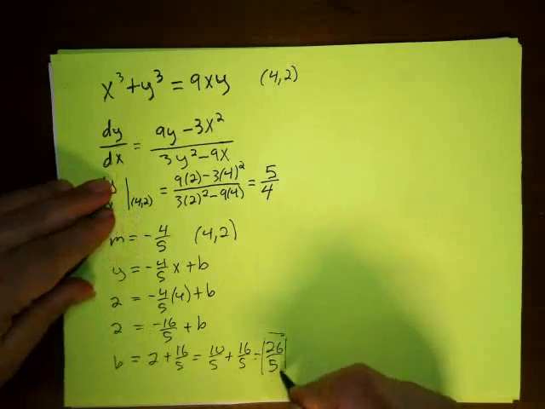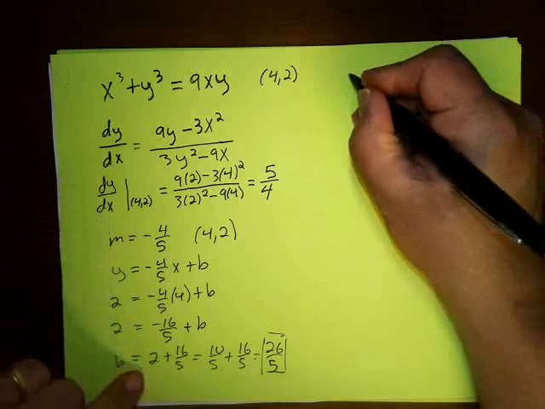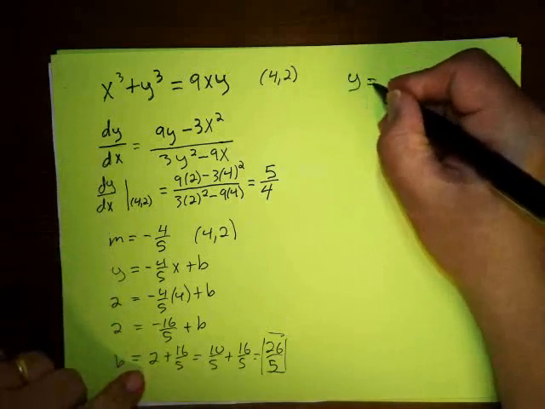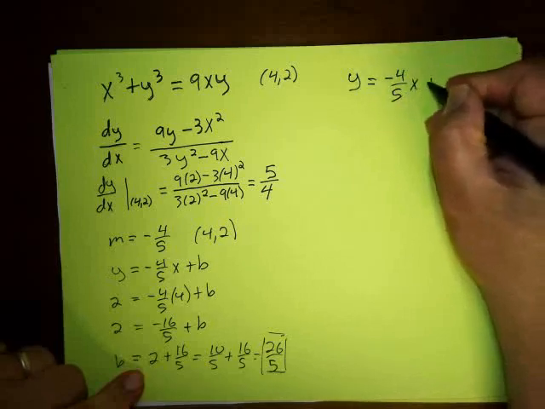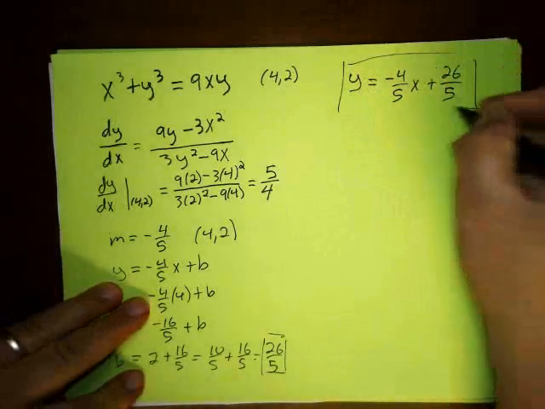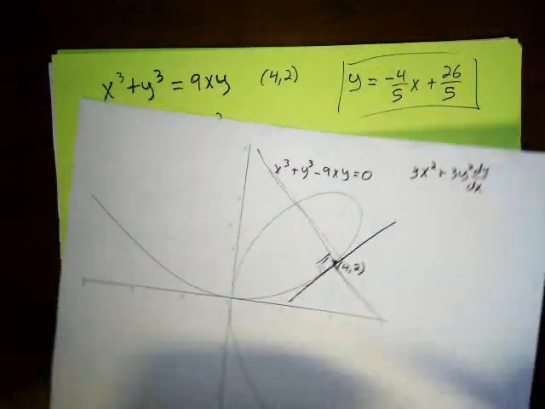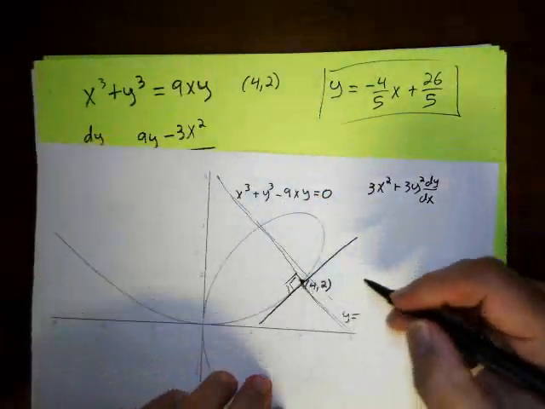Okay, and so that's my b. So my tangent line is, I'm sorry, the line that's normal is y is equal to -4/5 x plus 26/5.